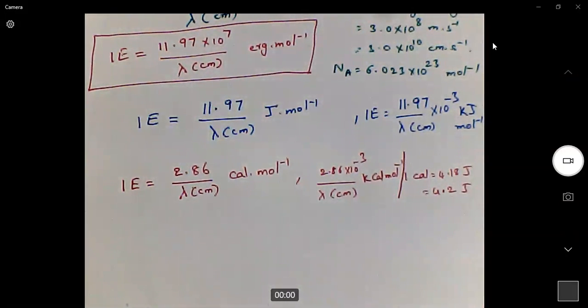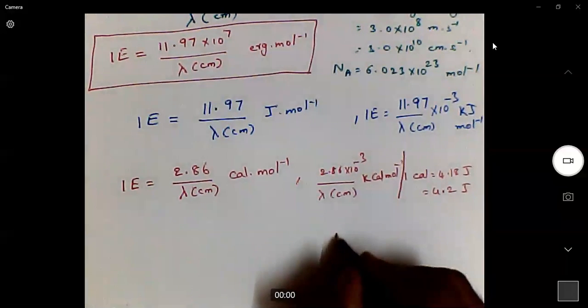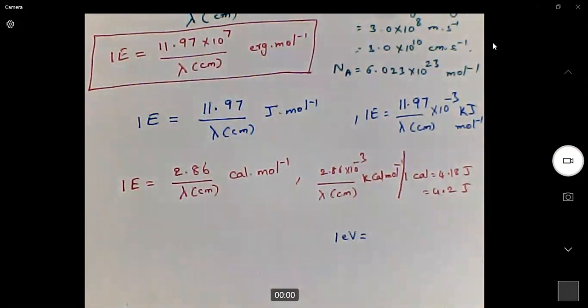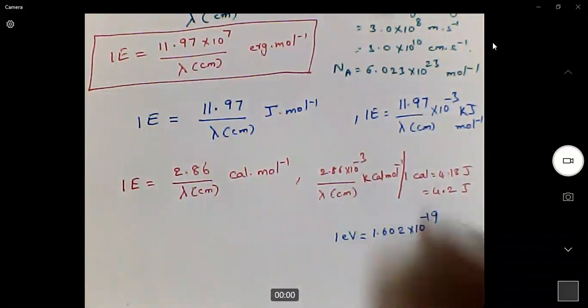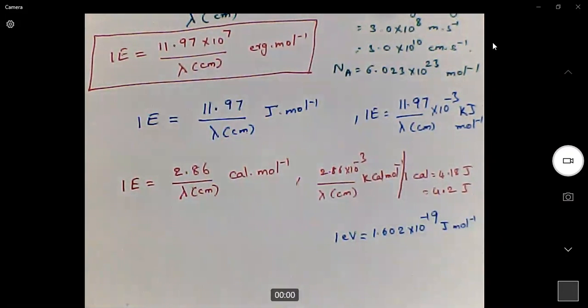Kilocalories per mole. Now, if we want to measure this value in electron volts, 1 electron volt, nothing but charge of an electron, is 1.602 into 10 power minus 19 joules per mole.